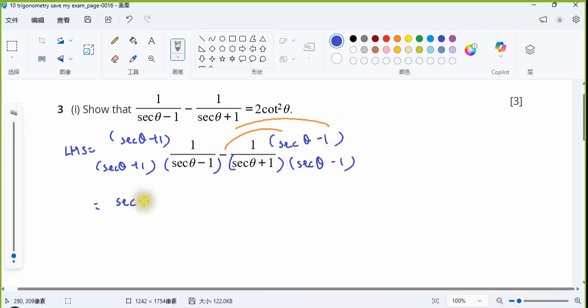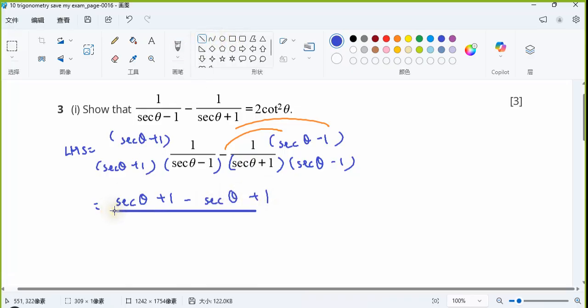So we have secant theta plus 1 minus secant theta plus 1, and over, okay, this one is secant squared minus 1 squared.